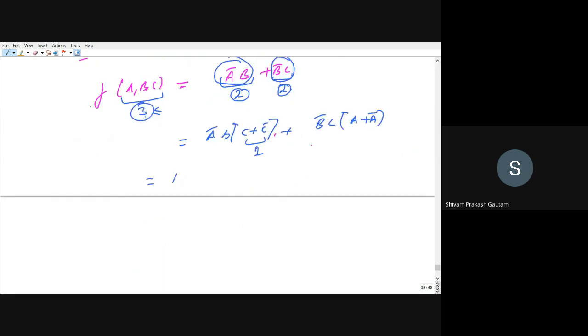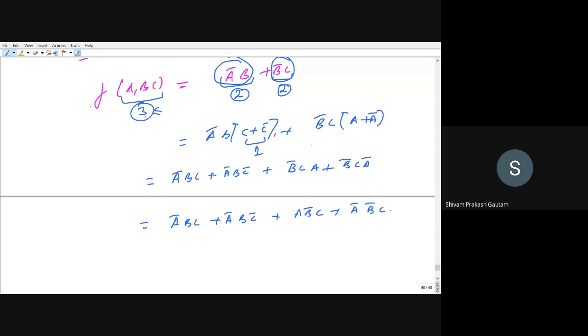This can be written as A bar B C plus A bar B C bar plus B bar C A plus B bar C A bar. You can rearrange it. So this will be A bar B C plus A bar B C bar plus A B bar C plus A bar B bar C.